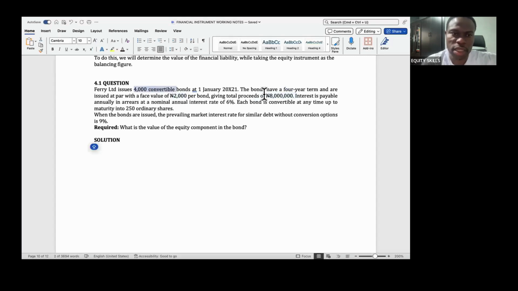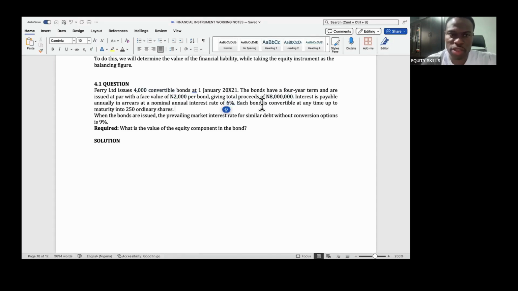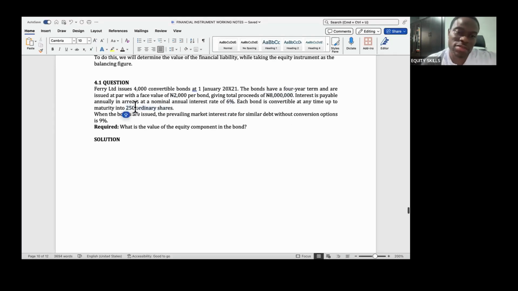The nominal interest rate is 6%, and each bond is convertible at any time up to maturity into 250 ordinary shares. This basis of conversion, we don't need it because equity is going to be determined as the balancing figure. So it's not like we are going to be converting to equity ourselves, no. We're now given a market interest rate of 9%, okay? So how do we do this?